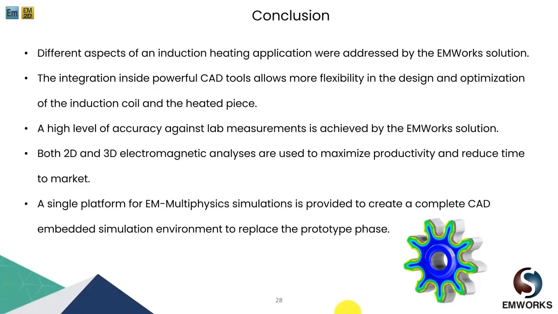And as you know, both 2D and 3D electromagnetic analysis are used to maximize productivity and reduce the time to market. Therefore, a single platform of EM multiphysics simulation is provided to create a complete CAD embedded simulation environment to replace the prototype phase.